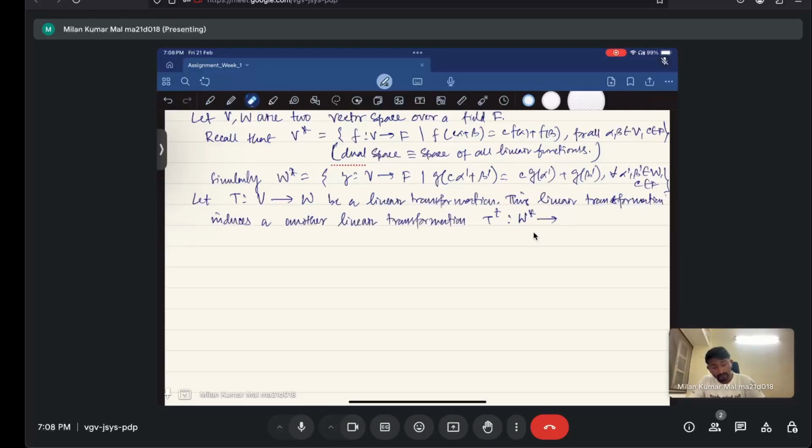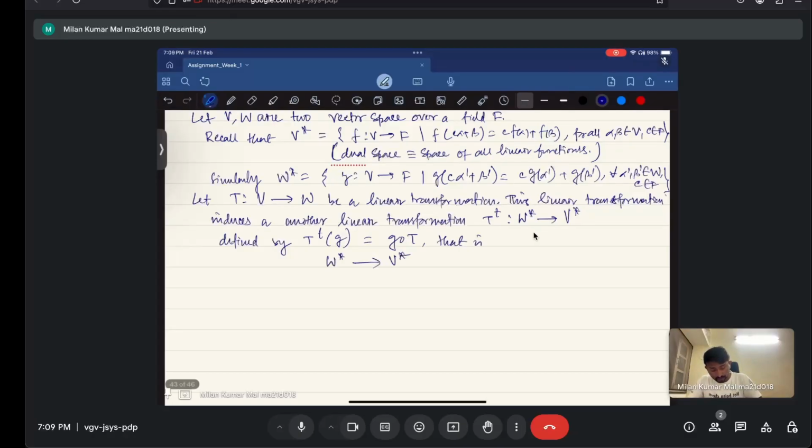How is it defined? It is defined by T transpose of any element g equal to g composed with T. That is how the map from W star to V star is defined.